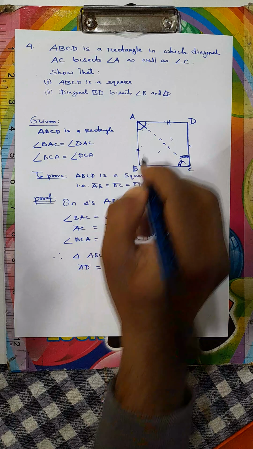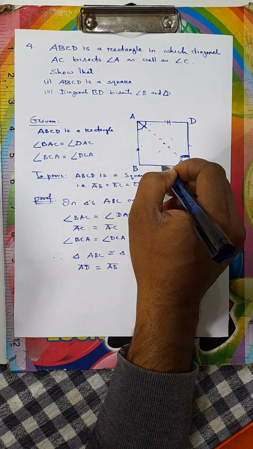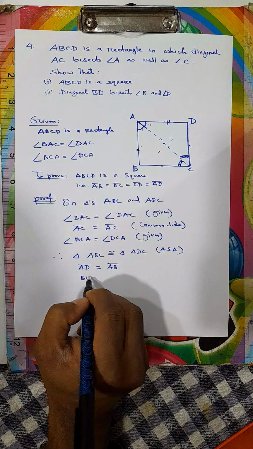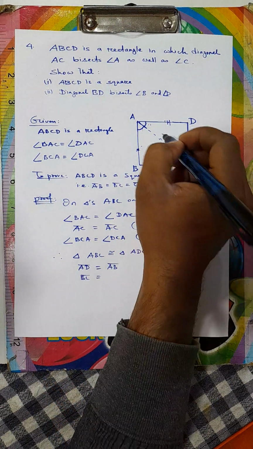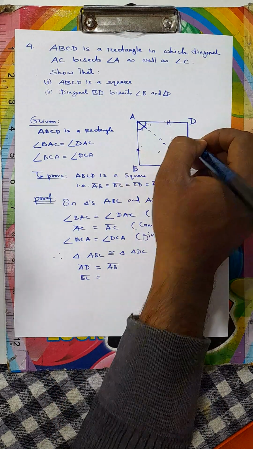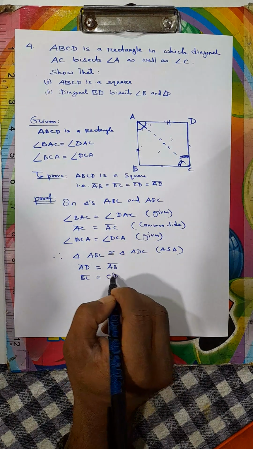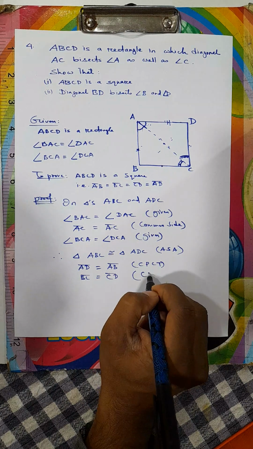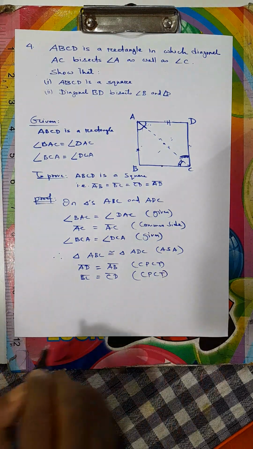And these two angles are equal, so their opposite sides are equal. So BC equal to, opposite side of this is CD. BC equal to CD. CPCT. Corresponding parts of congruent triangles are equal.